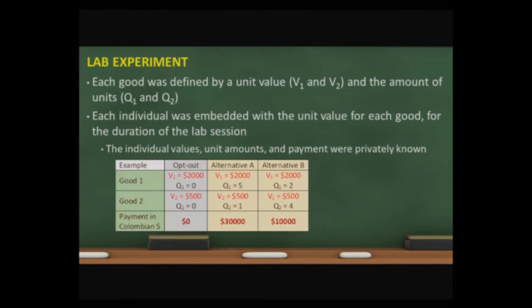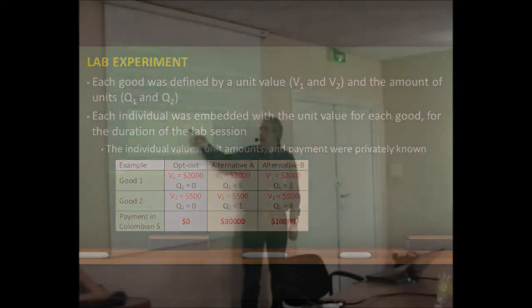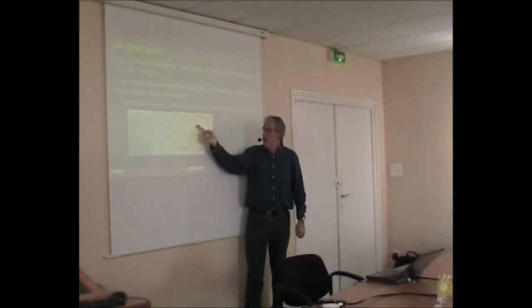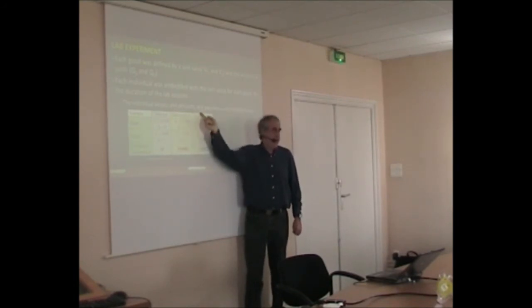Then the status quo opt-out would be 0 amount and 0 payment. Very standard. Then here we would change the levels, I think between 1 and 6, and this also changes across individuals. In this example you have this value for 1 unit, 5 units, so 5 times that, plus this value for 1 unit only.